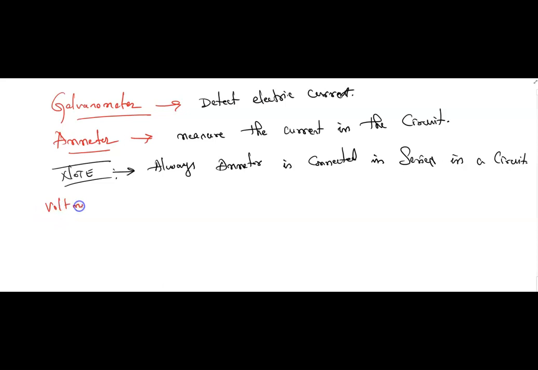Next is voltmeter. What is voltmeter? It is a device which is used to measure the potential difference.